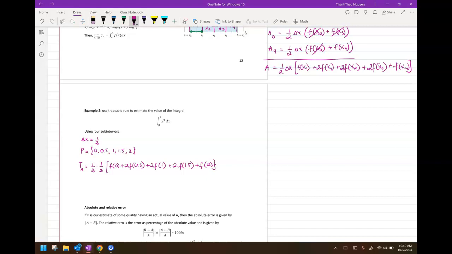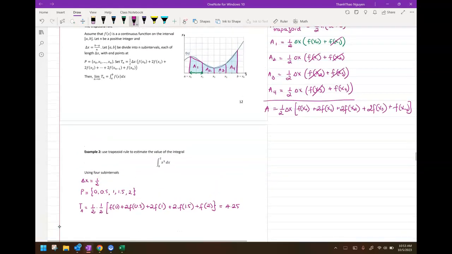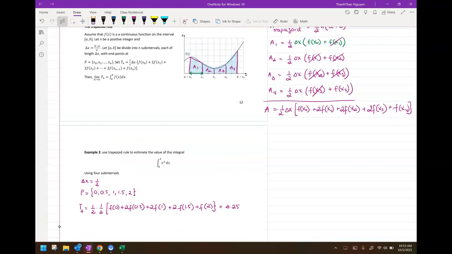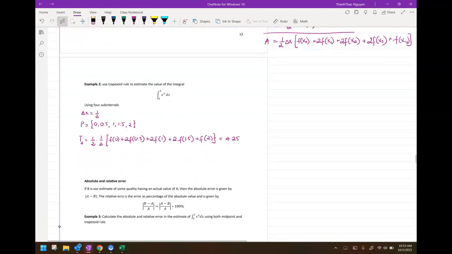And we go ahead and put this into our calculator, in which we get 4.25. And so here you see that we have an overestimate. Since we have an overestimate in this problem and an underestimate in the previous one, let's talk about how much overestimate and underestimate we are looking at here.